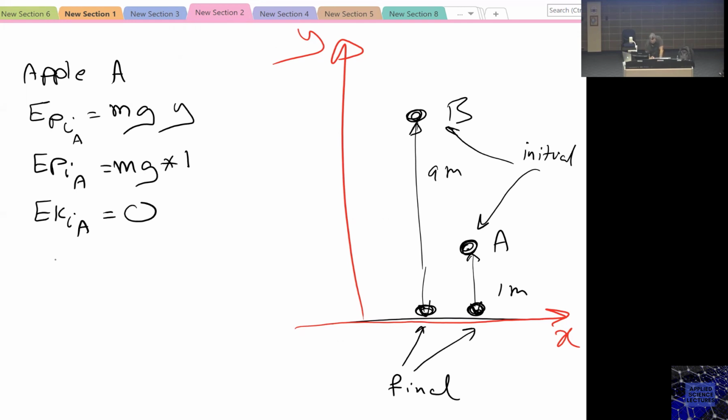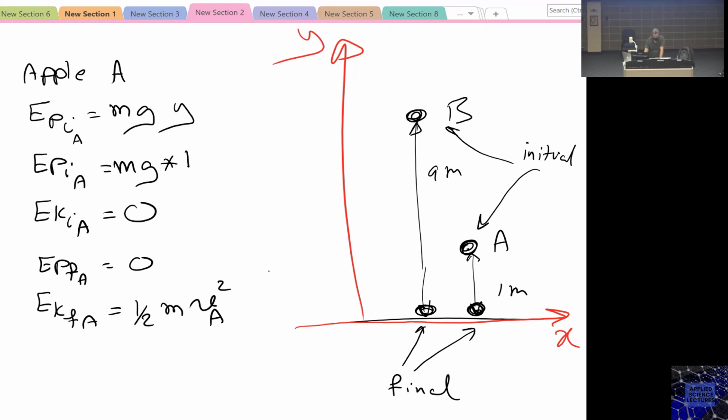Fine. Now, EP final for A is 0 because right at the level of the ground, the gravitational potential energy is 0. This is my reference. EKF for A is how much? Half m vA squared.